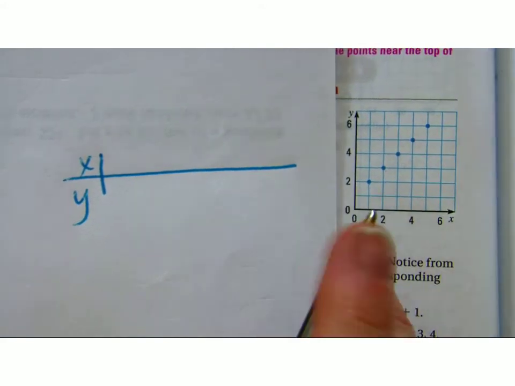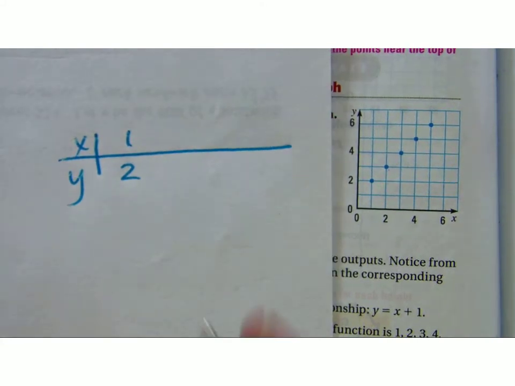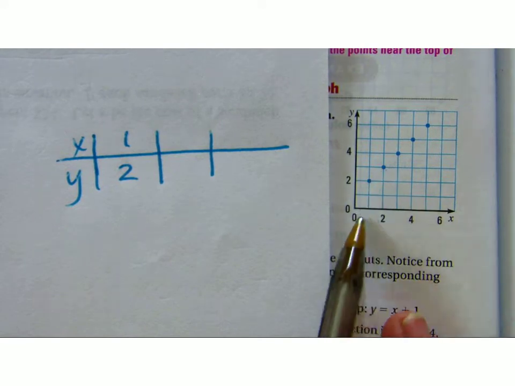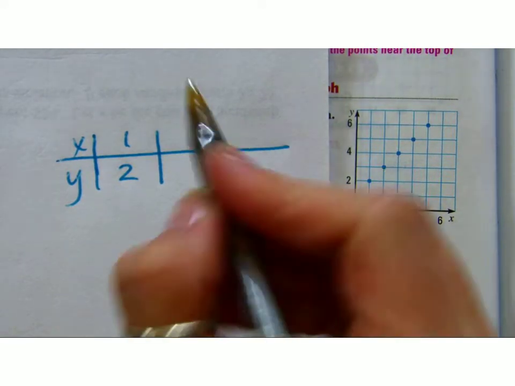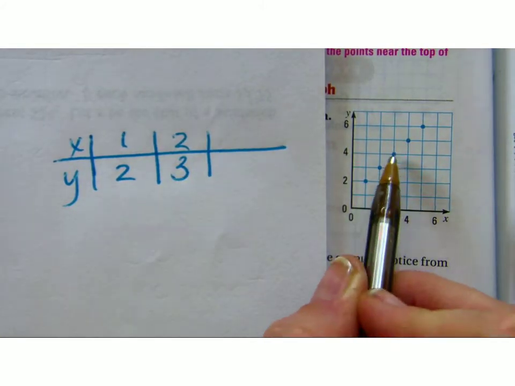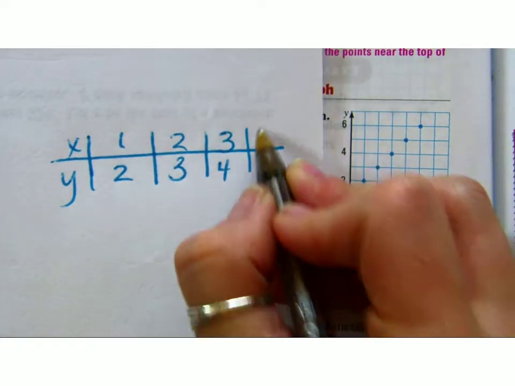Do you need ordered pairs? If you want them, go for it. Dominic, what's up? I was going to say. Oh, okay. What's the next one? I don't want the rule just yet. 2, 3. You think that pattern keeps going? 3, 4. I probably have enough information, but just keep going. 4, 5, and 5, 6.